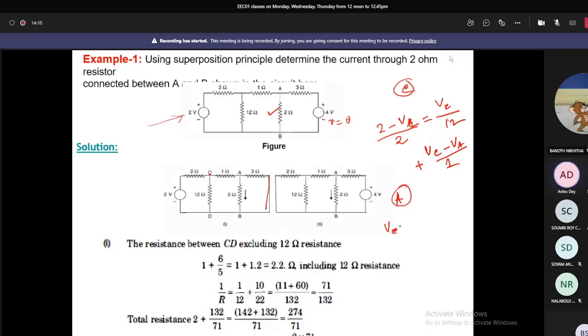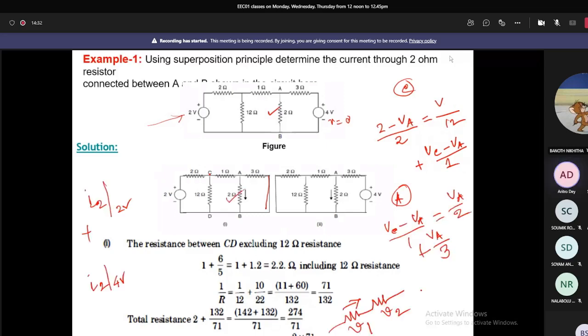If we have a branch like this, with a voltage drop V1, then V1 equals I into R. Whenever we increase the voltage source K times, then the current also will increase K times. So that is the homogeneity, and the additive property indicates the validity of the linear circuit, and based on that only we can apply the superposition theorem.